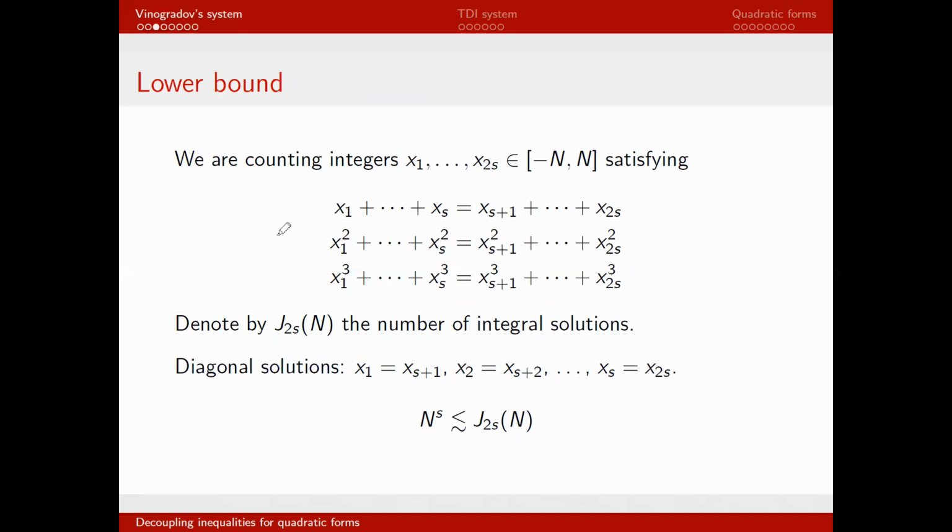Then we can easily see that these satisfy these equations. So these are solutions of Vinogradov's system. Here we have s remaining variables, and each variable belongs to this interval. So this is the number of diagonal solutions, and we have this lower bound.